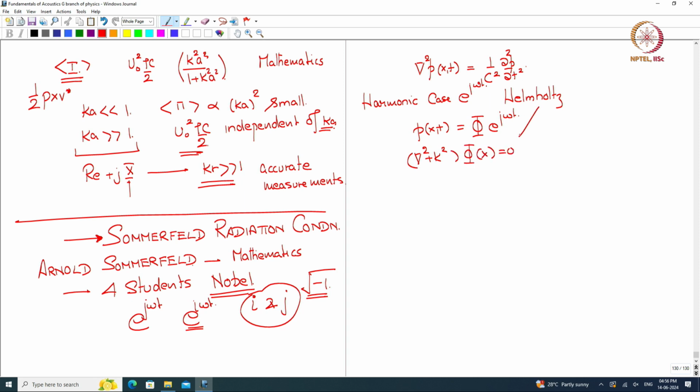This is the Helmholtz equation. Now if we think of this first of all as just d2 by dx square, then in x it gives a solution that is going out to the right and to the left.